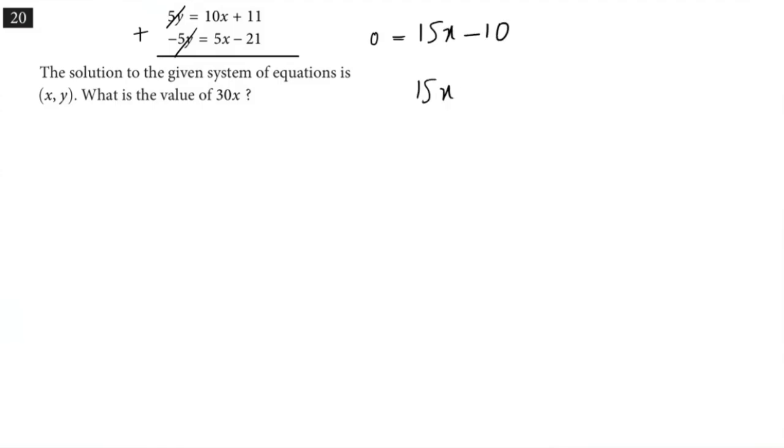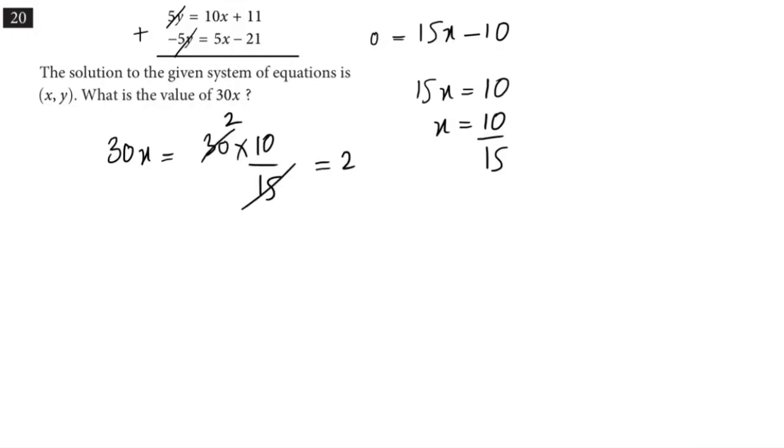So 15x equals 10, and x equals 10 divided by 15. I need 30x, so this will be 30 times 10 divided by 15. 15 twos are 30, so 20 should be your answer. But still, I encourage you to use the calculator since it's allowed on every question, in all sections.